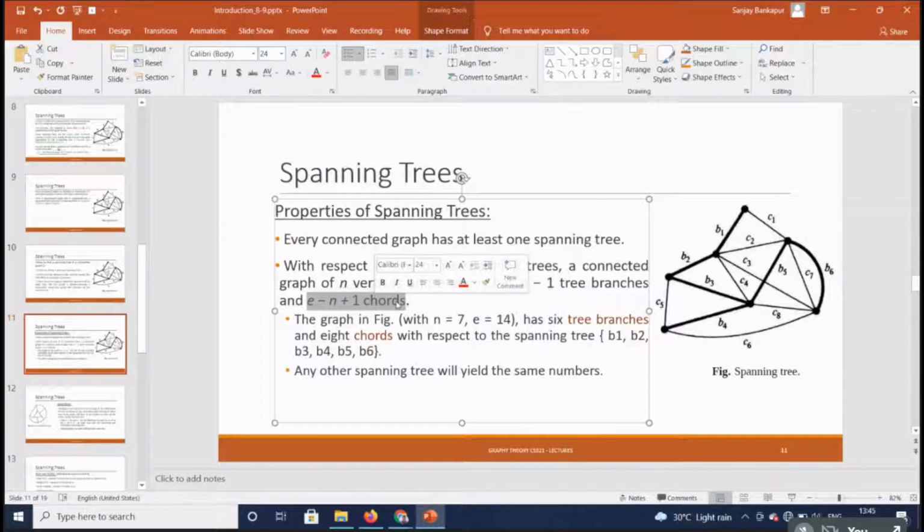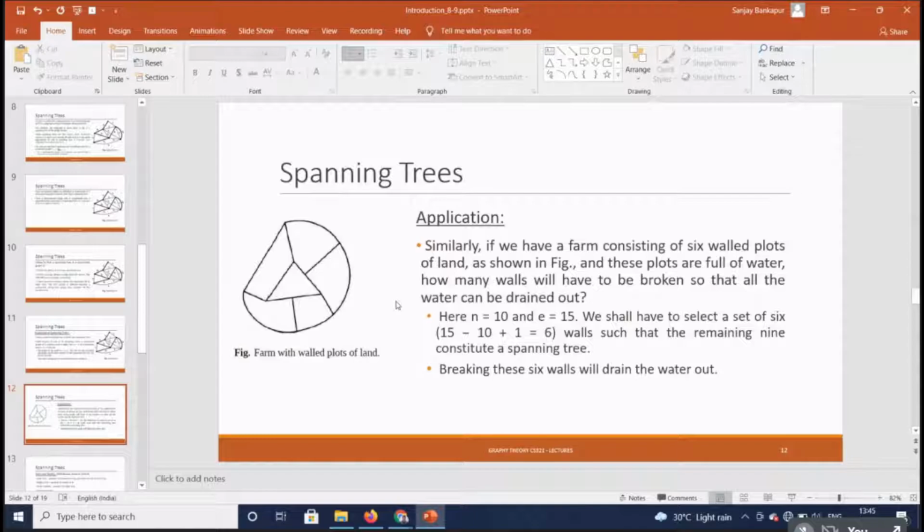If I remove these chords, the water will drain out. It will be a minimum spanning tree. In this example, if I remove the walls, the whole plot should look like a minimum spanning tree. So the number of chords will be 15 minus 10 plus 1, which is 6. So 6 walls have to be removed so that all the water accumulated there gets drained out.